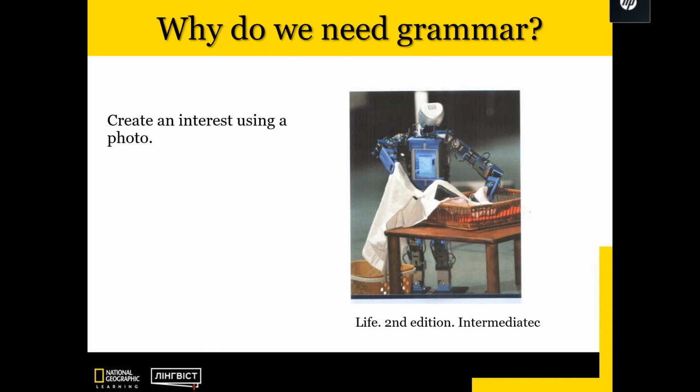So show them this picture of a robot doing some laundry and ask them to work in pairs and make a list of what other jobs robots can do at home. Yeah. So first, involve them, make them the active participant of the lesson.